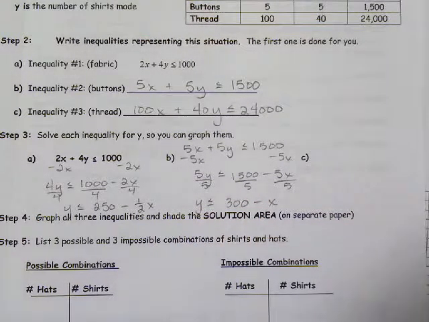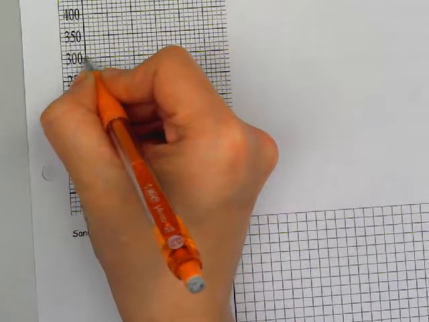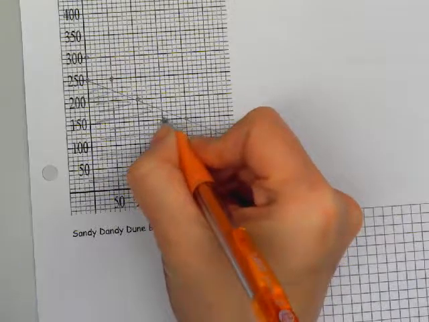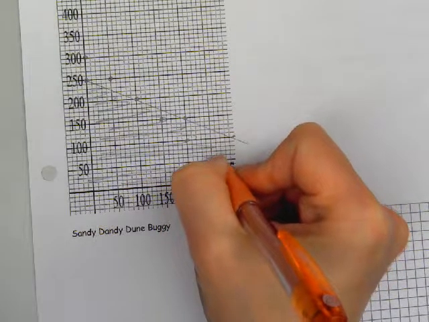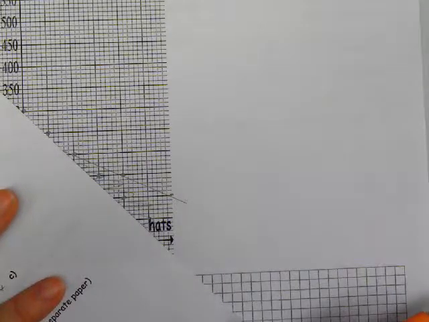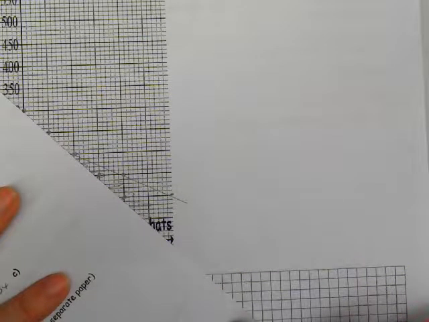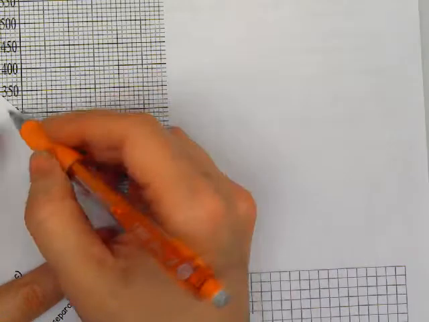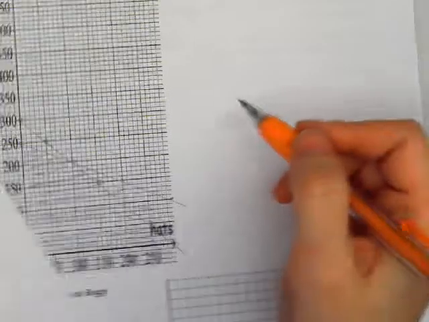And the final one, 100x plus 40y less than or equal to 24,000. Subtract 100x. And I'm going to run out of room. So I got 40y less than or equal to 24,000 minus 100x.